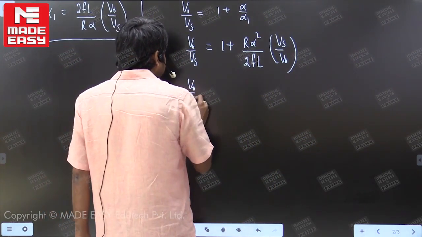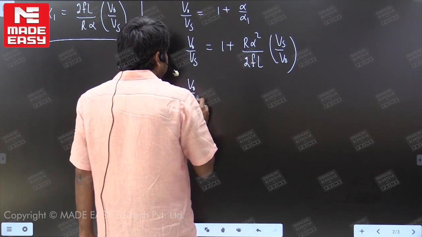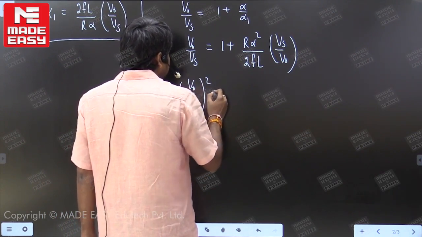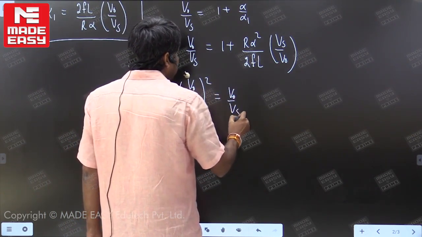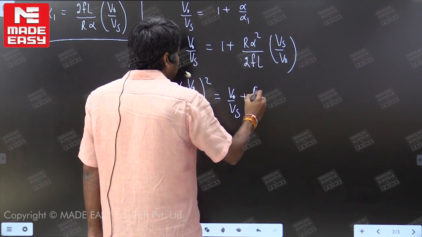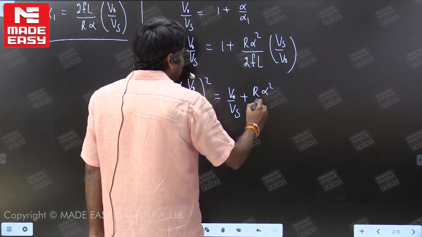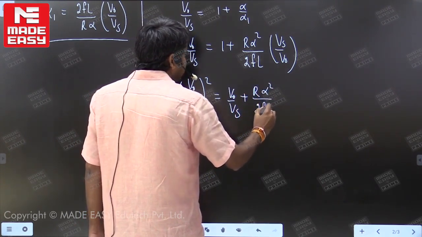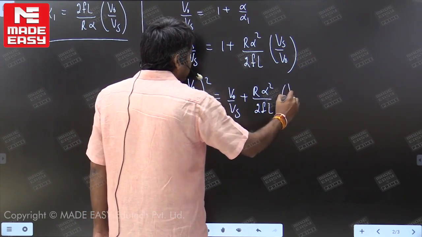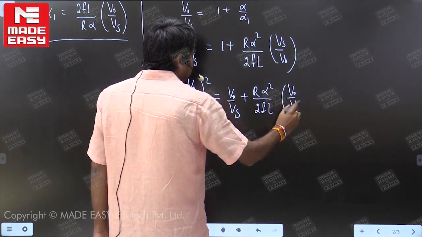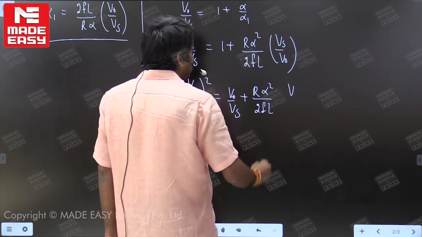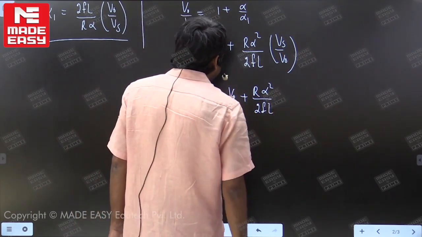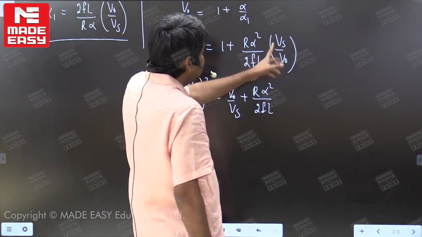So V naught by Vs whole square is equal to V naught by Vs plus R into alpha square by 2 into F into L. Of course, V naught by Vs into Vs by V naught will cancel.